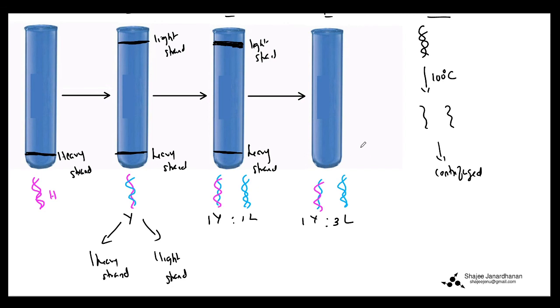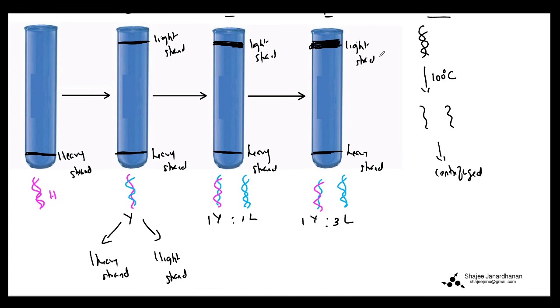When you go to the third generation, it is still the same result. You still get a heavy strand band as well as the light strand band, whose thickness is again increased. So I think you understood this data.